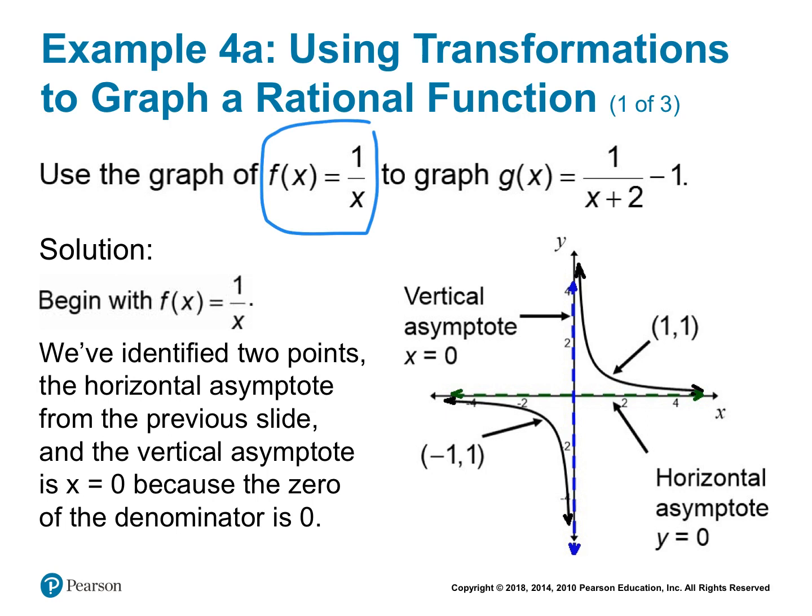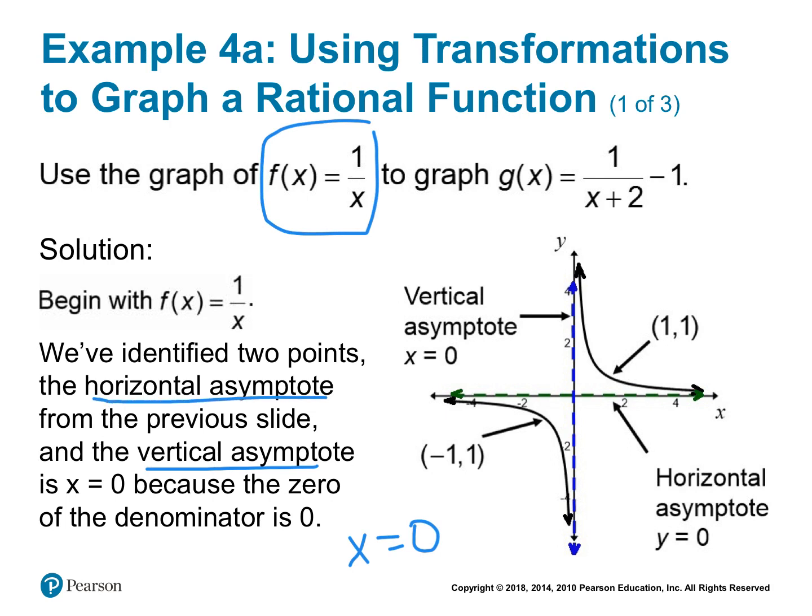And then the vertical asymptote is x equals 0, because the 0 of the denominator is going to be 0, because the bottom is just x, so x equals 0 would be the vertical one. So that's our blue line, and then the green line is the horizontal one.